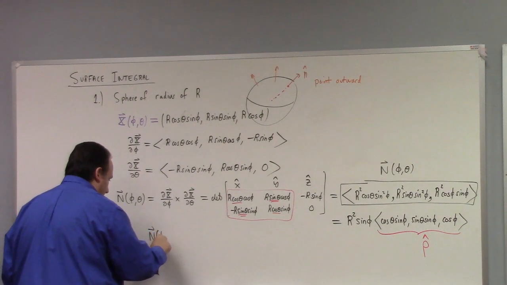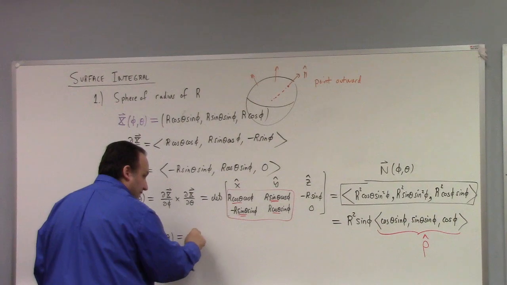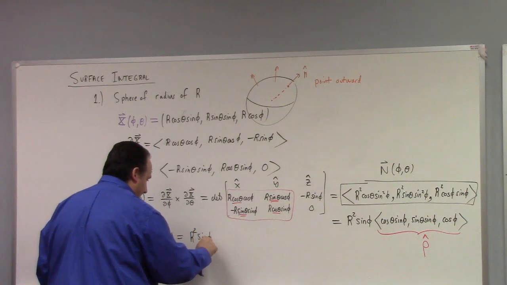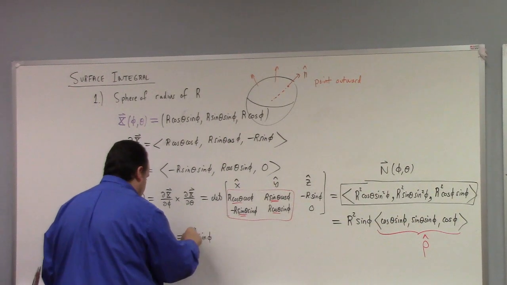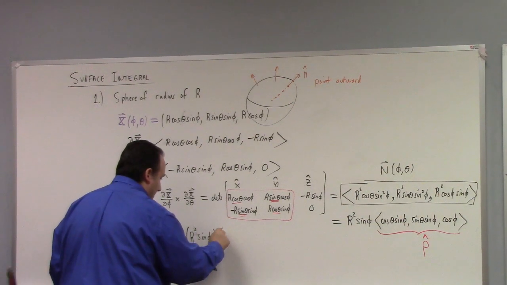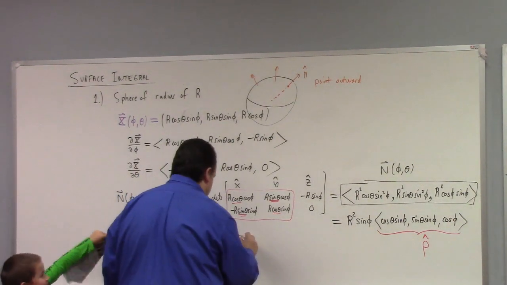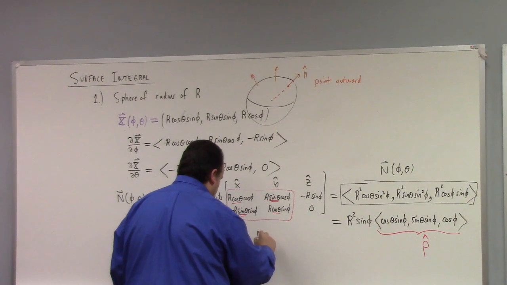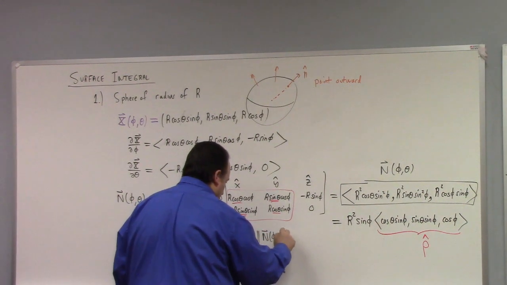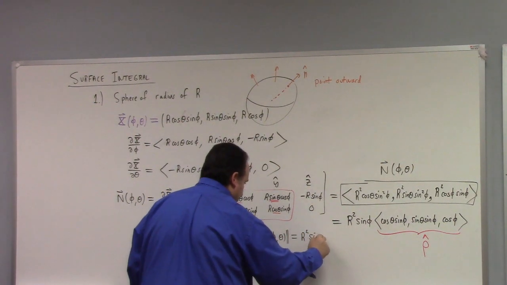The normal is exactly equal to r squared sine phi times rho hat. So that tells me, among other things, that the magnitude of the normal is equal to r squared sine phi.